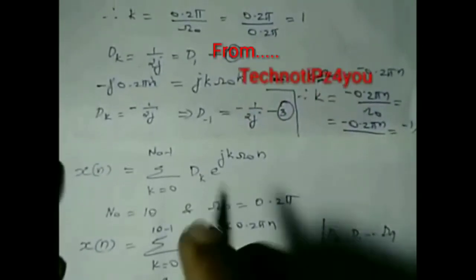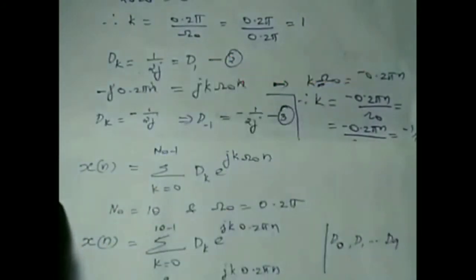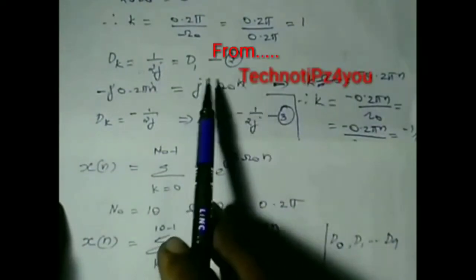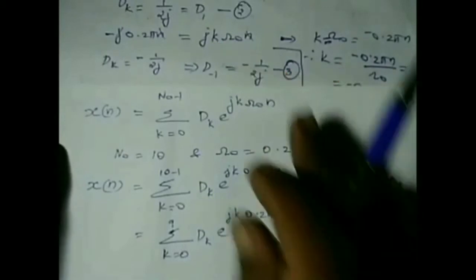But from the signal given, x of n equal to sine 0.2 pi n, we found that there are 2 Fourier coefficients, d1 and d minus 1. But in our equation there will not be any negative index, I mean d minus 1 will not be here, so we have to apply the periodicity.